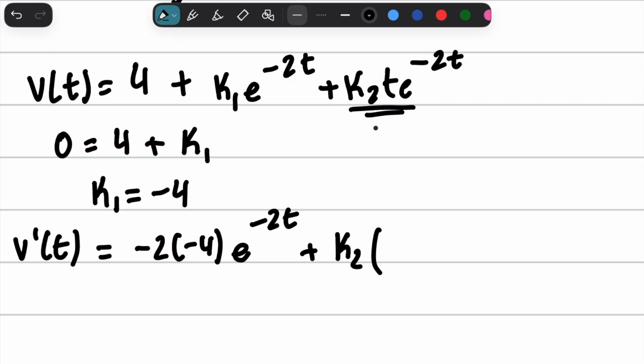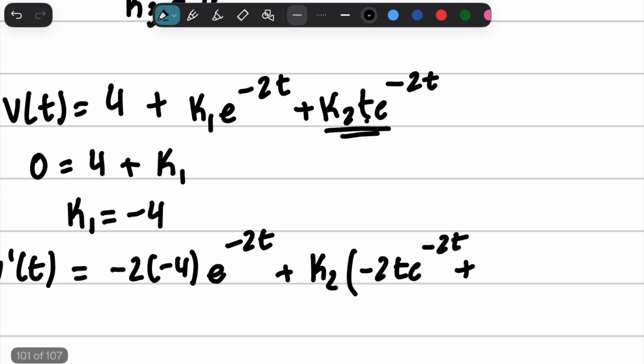So we're going to hold the t constant and take the derivative of e to the -2t. So we're going to be left with -2 t e to the -2t, plus now we're going to take the derivative of t and hold e to the -2t constant. And we're going to say that that is e to the -2t right here.